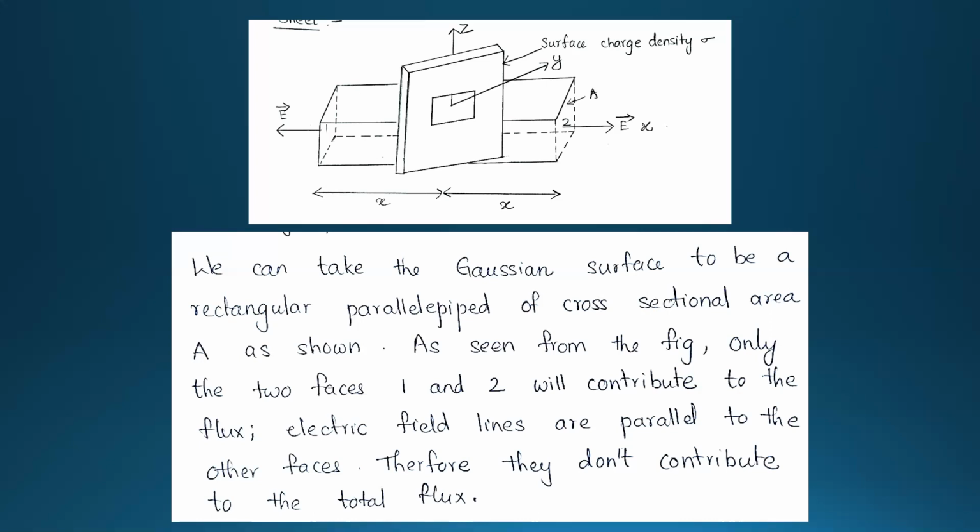In the case of this sheet, we have taken a parallelepiped of cross sectional area A as shown in the figure. That means you can imagine a rectangular box shape. A box means you all know a box.